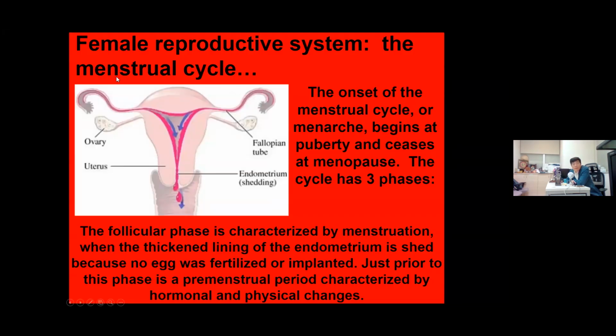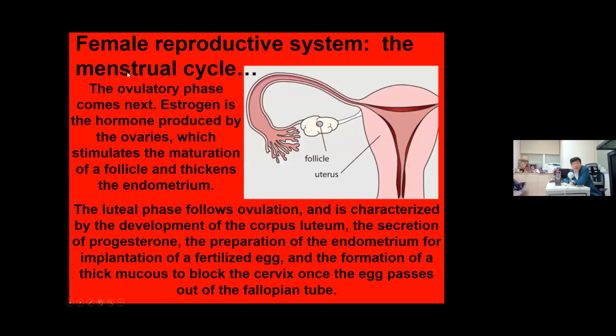Then we will talk about the menstrual cycle later, in the second slide. Menstruation involves the endometrium layer here. Once we do not get fertilized, the endometrium will shed.